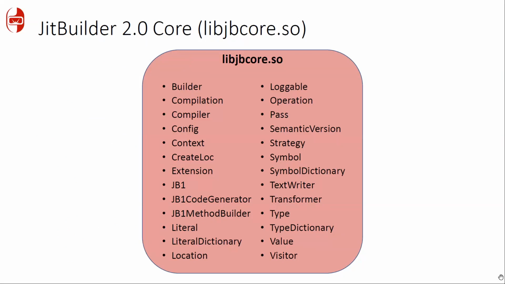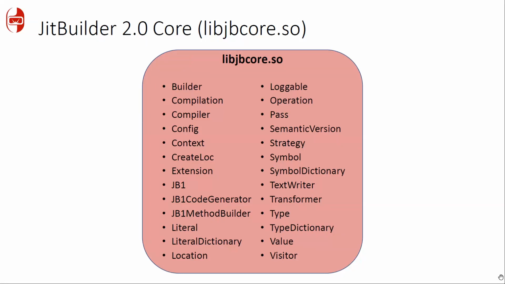So I've created a thing called the JitBuilder core library, which contains a lot of the not necessarily abstract, but not hardcore things that you can use directly. Although it does have compiler in it, which is something you do use directly. It has extension, which is a base class that you use quite extensively when you're extending things, as well as all of the IL components like builder and compilation.